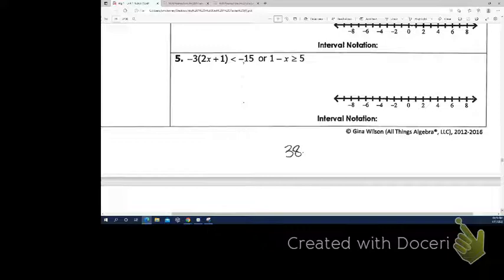So in this case, we are going to distribute. I don't have any like terms, so I'm ready to add. So I'm going to add 3. Then we're going to divide by -6.